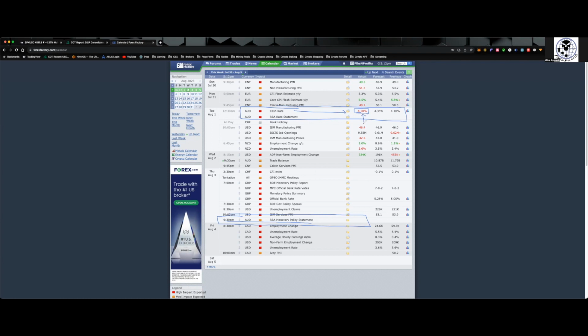Pretty interesting data. I do like what happened, because it's fanning the flames of this campfire, which is the Australian and Kiwi dollars just completely going down to the abyss.